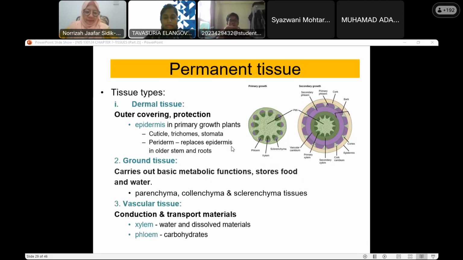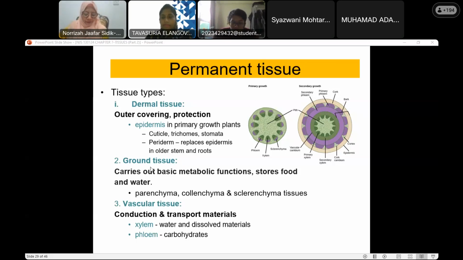The dermal tissue includes the epidermis, which is a single layer of cells that covers the entire plant surface. Another one we call the periderm. The periderm will replace the epidermis in older stems and older roots. So you can see here the epidermis is not in the picture.